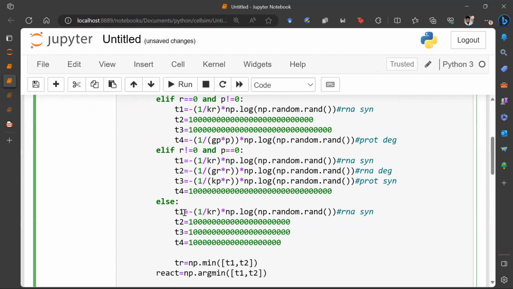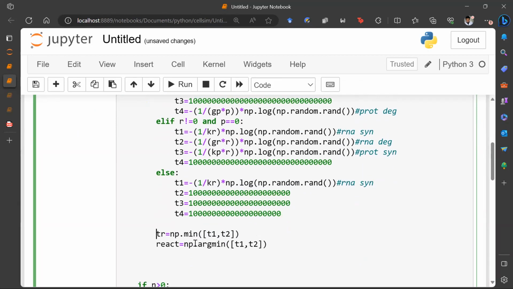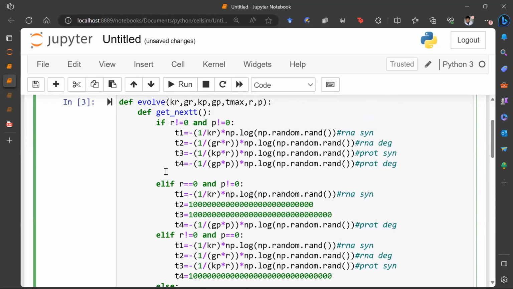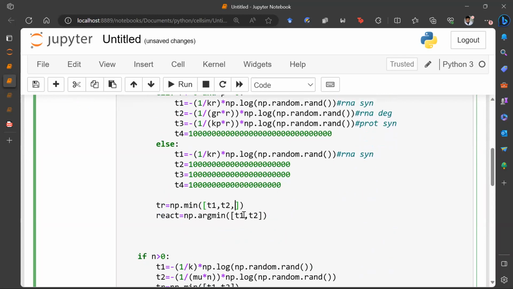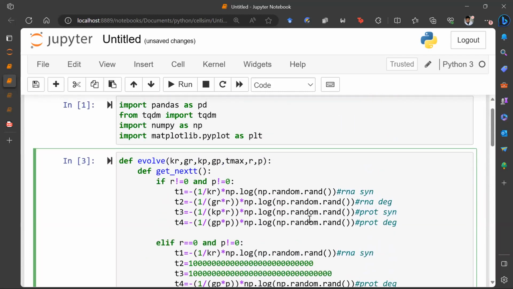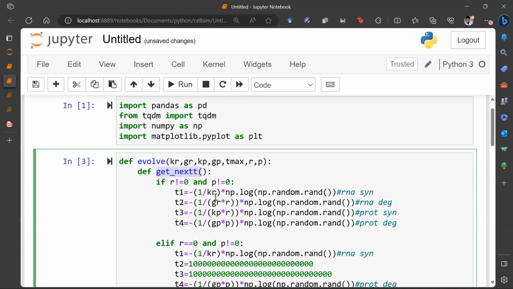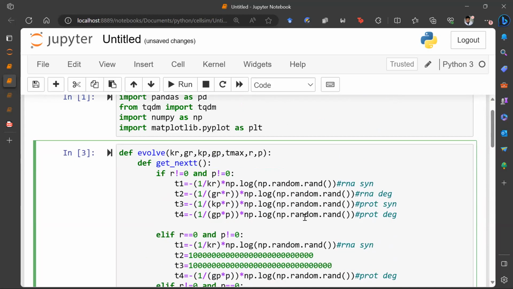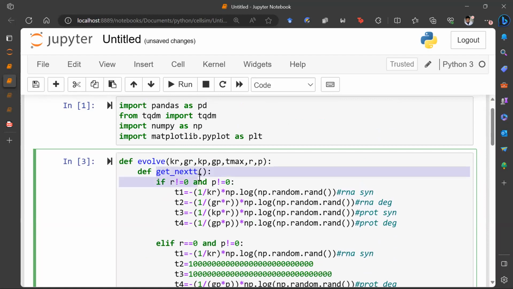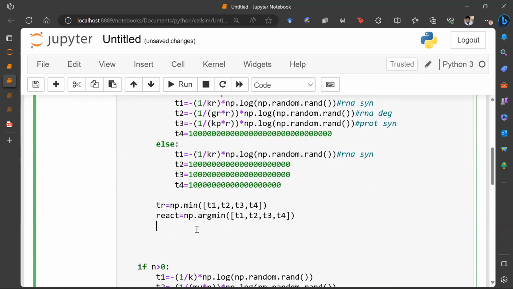And the only thing that is happening is the RNA synthesis. Now, after calculating these 4 times, I select the minimum of them, and remember that these are inside this function. So this function is gonna return your time, the minimum time, and the reaction kind.